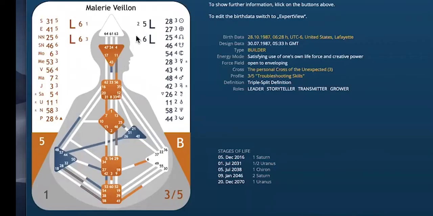Yeah. And this is what's interesting about Mallory, right? Mallory, you're talking about your head center here. Yours is completely open. There's no activations, right? Beautiful. It is a pure receiver, but it can be a source of extreme confused distortion.